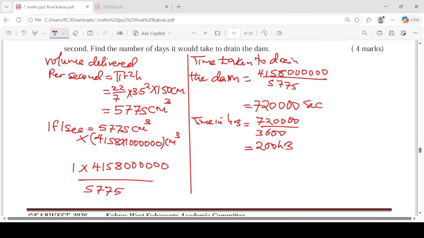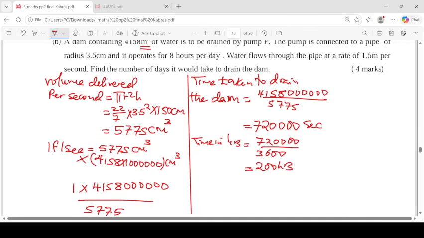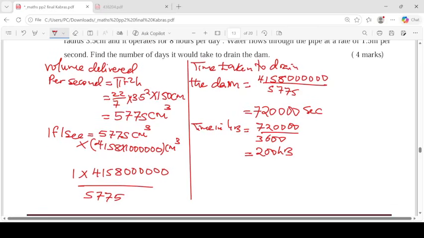So it will take 200 hours. But now remember that it operates for how many hours a day? 8 hours a day. So let me get the number of days.